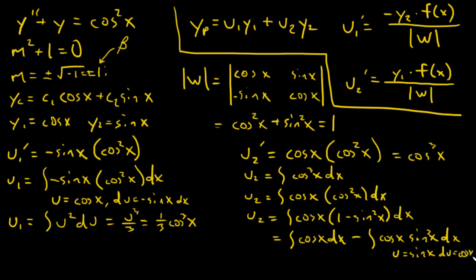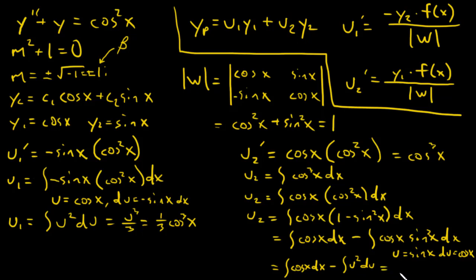So this is again going to wind up being the integral of cosine x dx minus the integral of u squared du.